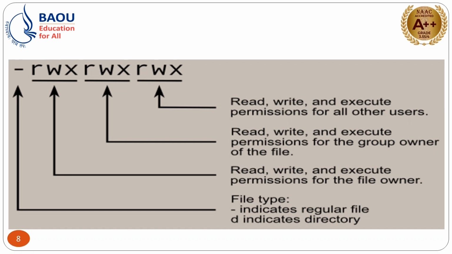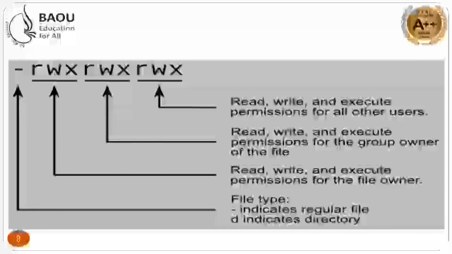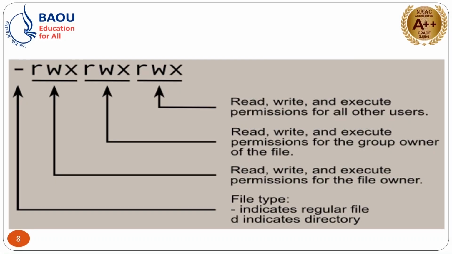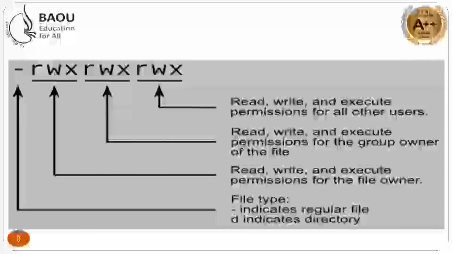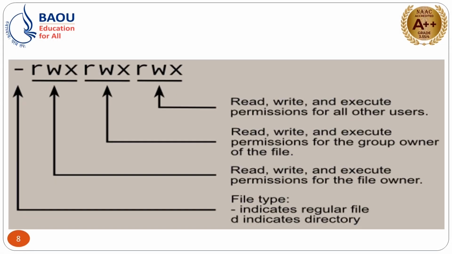Then the first 3 letters RWX represent the owner. The next 3 letters RWX represent the group, and the last 3 letters represent the others. Then with the help of this figure, what can you understand? The file name that you have mentioned is a regular file. The first 3 letters RWX mean the owner has 3 rights: he or she can read, write and execute.